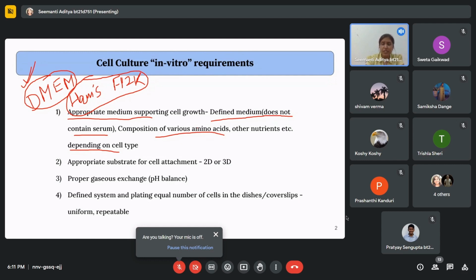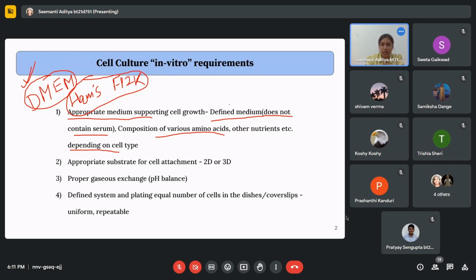If serum is not there, sometimes the reason we don't use serum is when we are transfecting the cells, because some transfection reagents may have an adverse effect or some reactions with the serum, which will not allow the cells to get transfected. So at that time we don't use serum. But also some cells don't require serum for their normal growth. That has been optimized.